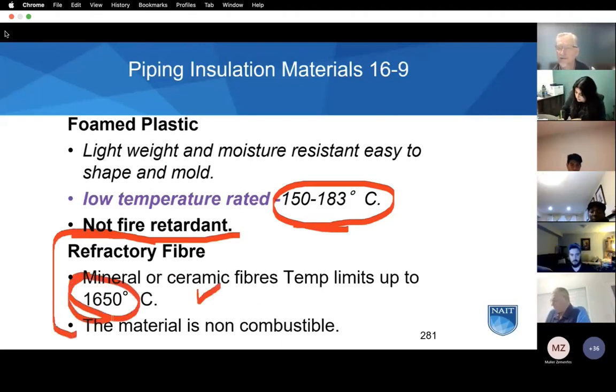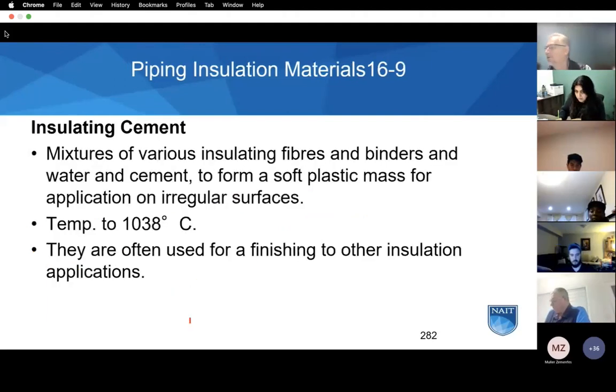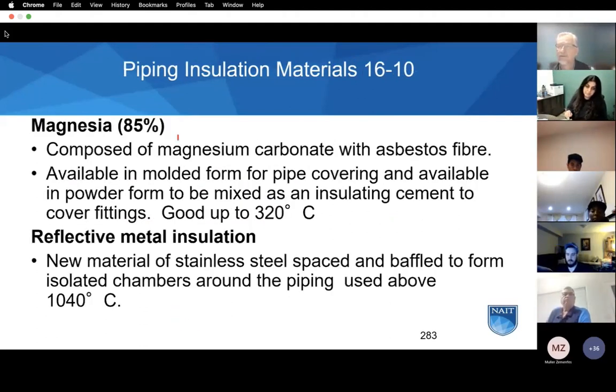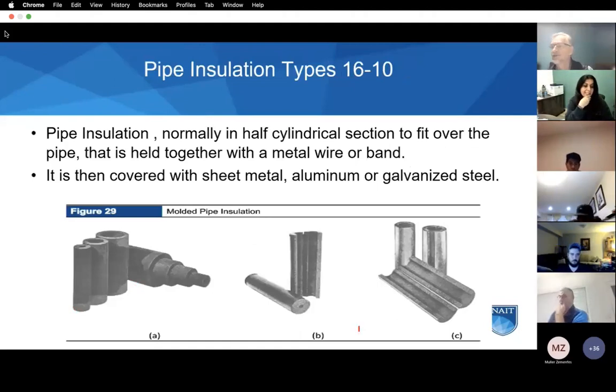These will give us the high temperature ratings. These are applied in between fixed pieces of insulation. Other ones, magnesia, reflective stainless steel, spaced and baffled for fairly hot situations.